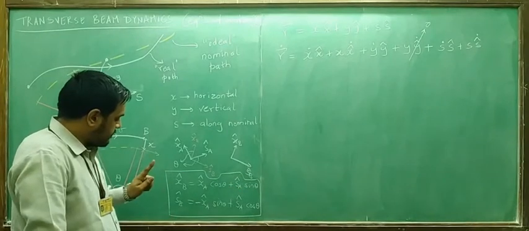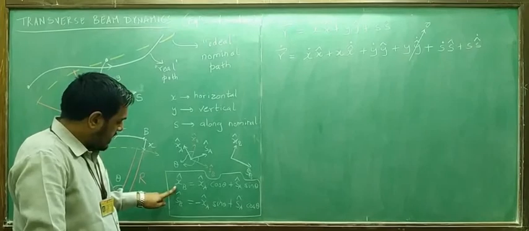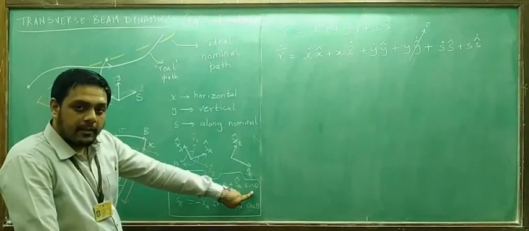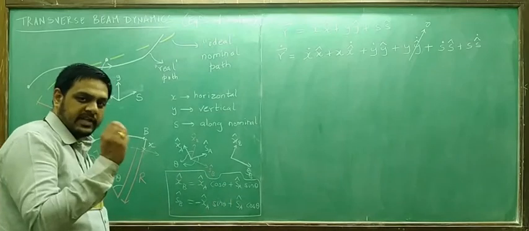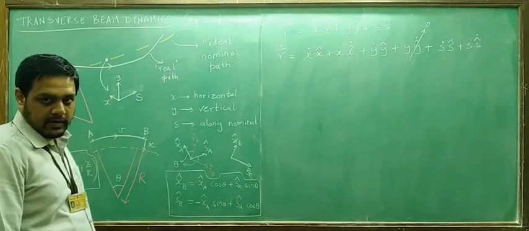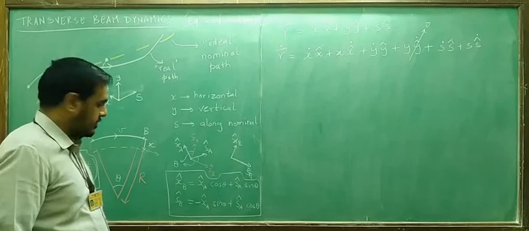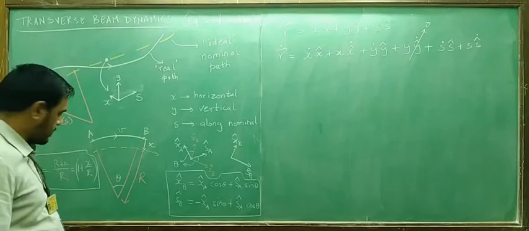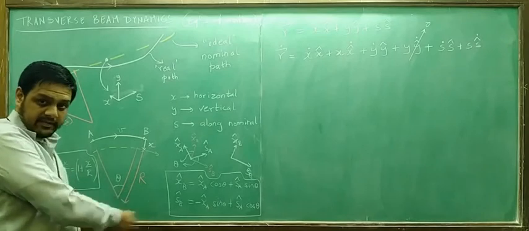Therefore, x hat dot will be s hat multiplied by theta dot. That is what we will get. And theta dot in turn will be s dot divided by r. That is another thing which you gather from this diagram.